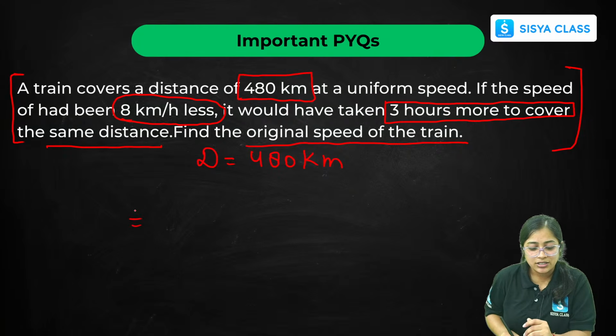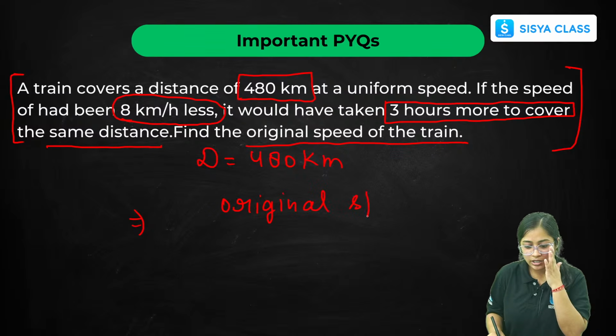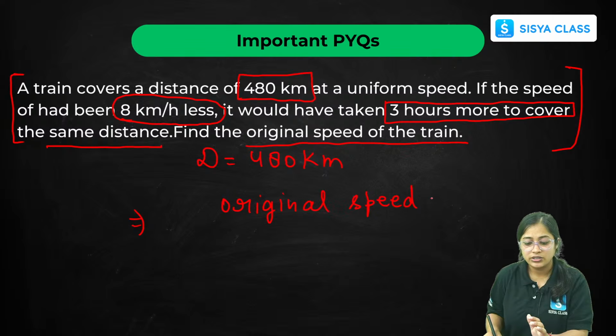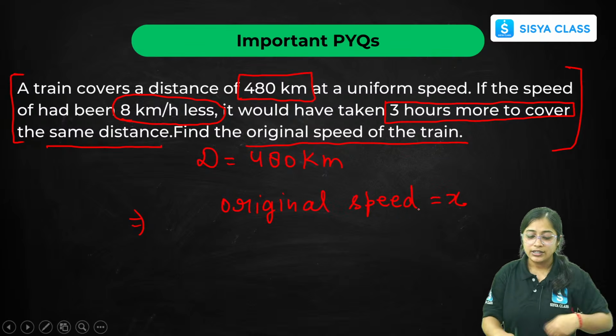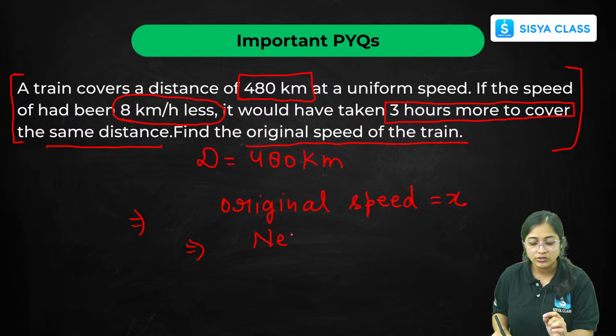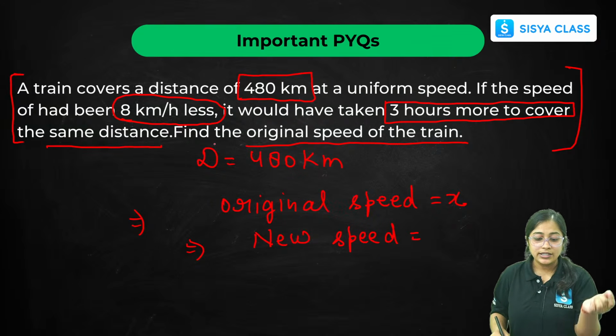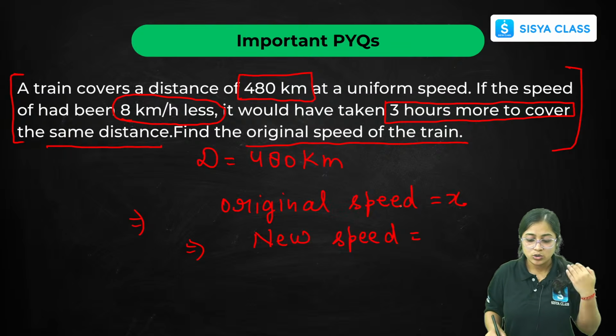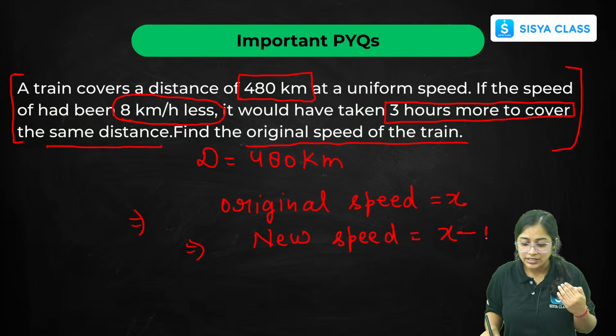So let's assume that the original speed of the train is x. Then what is the new speed of the train? The new speed will be 8 less, right? So the new speed is x minus 8.